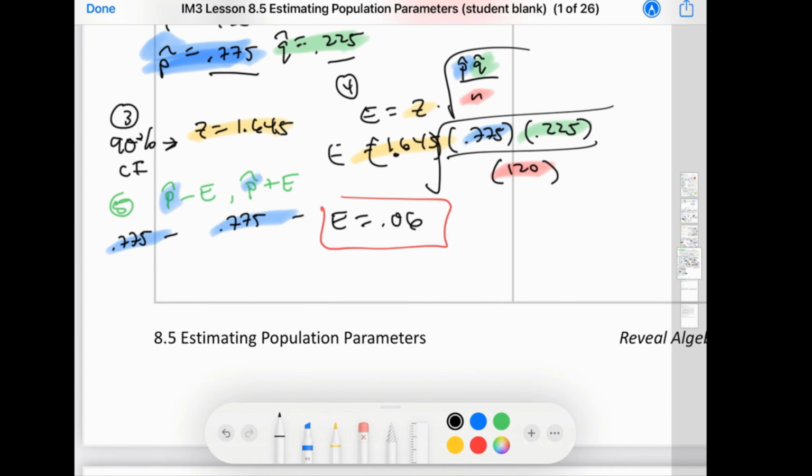Our E value we just found, 0.06. So then my range, 0.775 minus 0.06 gives me 0.715, 0.775 plus 0.06, 0.835. Remember, as we talk about percents, to convert a decimal to a percent, you just multiply it by 100, so that would be 71.5%.